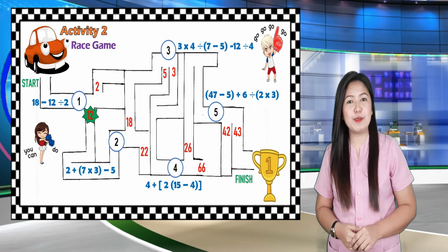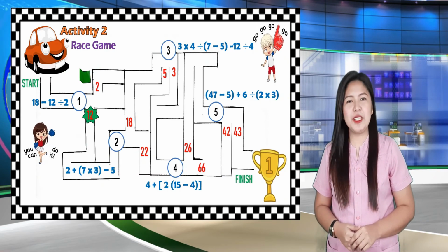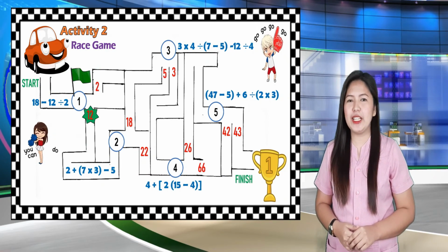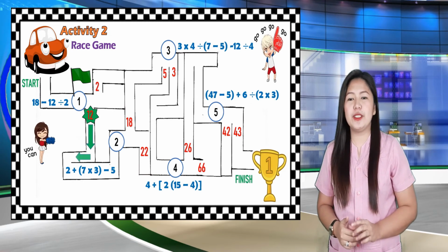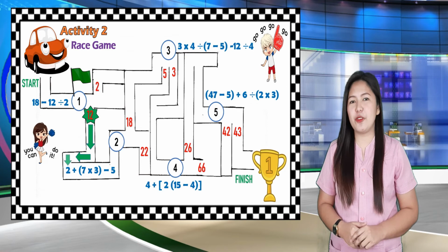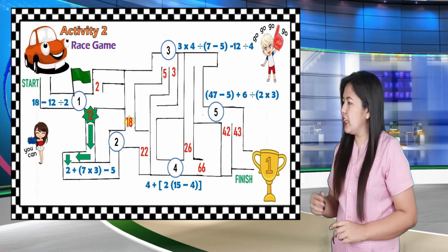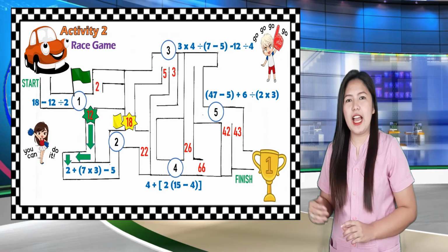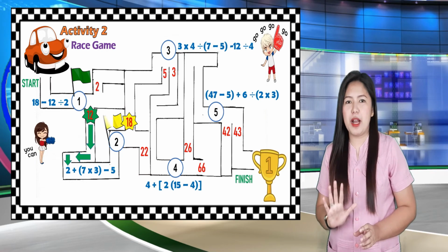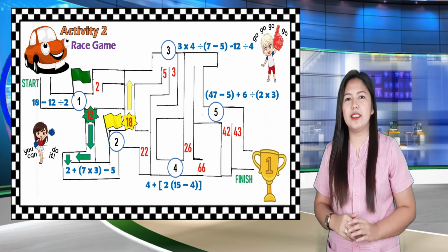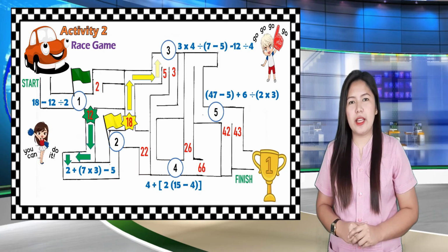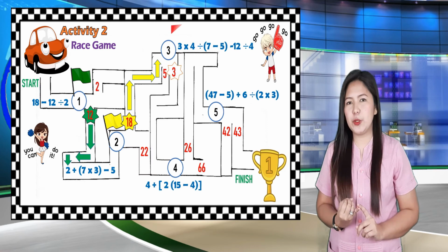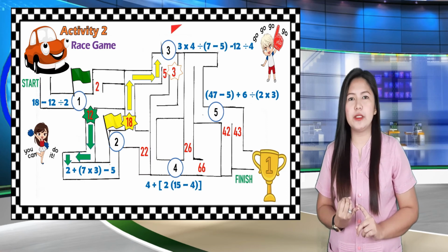Gusto nyo bang maglaro? Para sa ating activity number 2, magkakaroon tayo ng race game. So, choose the correct path to reach the finish line. Bago nyo ma-reach ang finish line, kailangan nyo muna sagutin ang 5 expressions. Bibigyan ko kayo ng oras sa bawat expression. Number 1, 10 segundo.